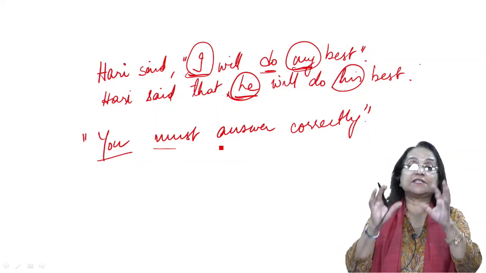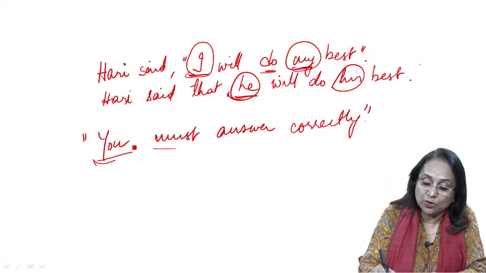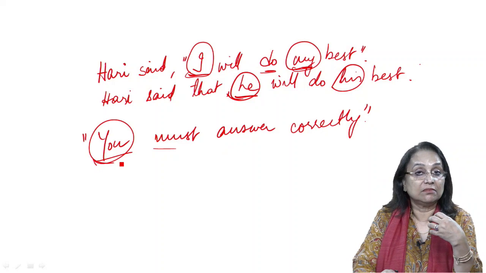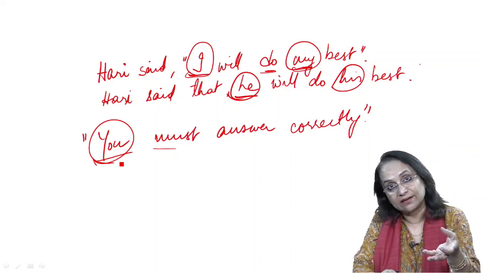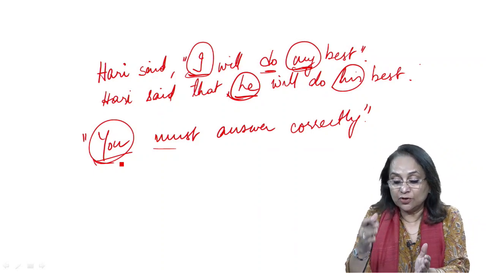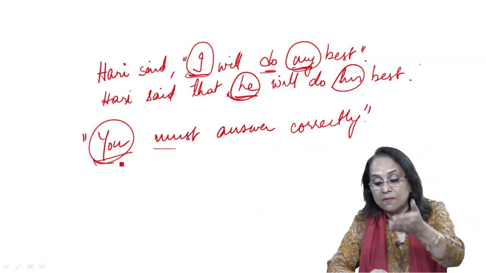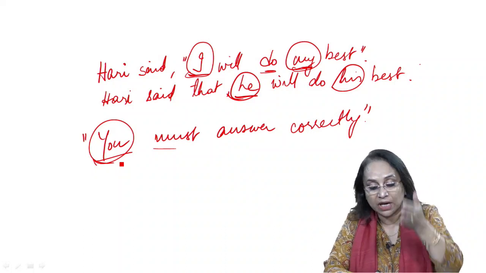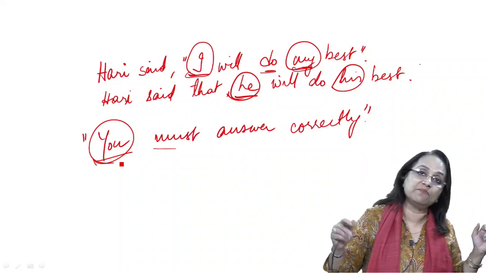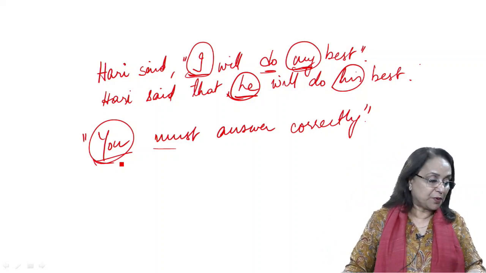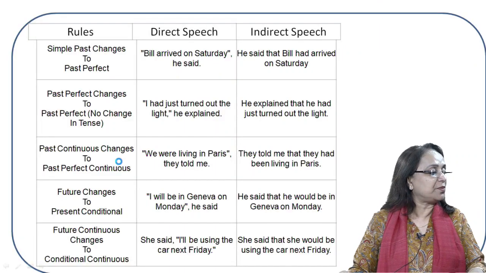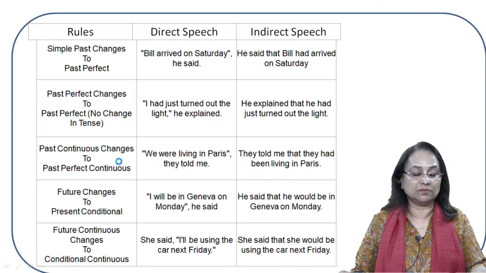But if it is not specified, then you can become we, she, or he: that we must answer correctly, or he must, or she must. So this is how the pronouns change when we do it in reported speech.